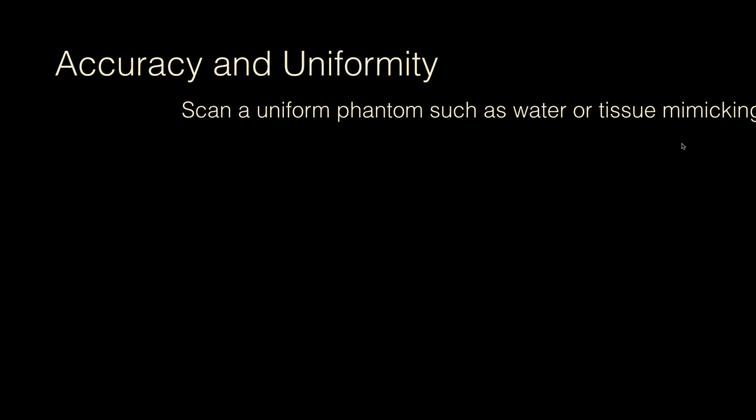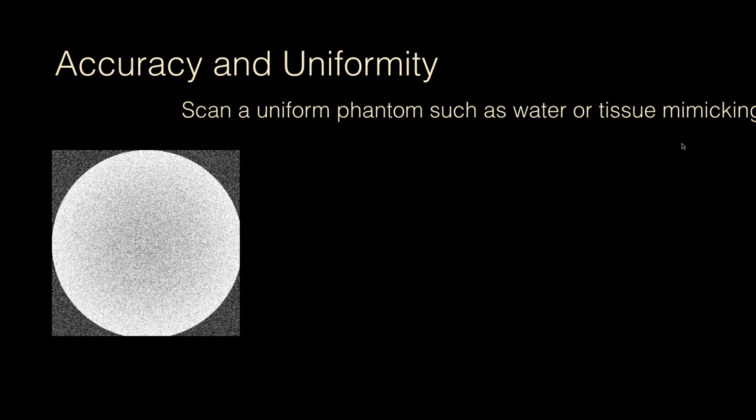Next, we want to talk about accuracy and uniformity. This is often conducted with a uniform phantom such as water or a tissue mimicking gel, for instance in the case of ultrasound. Here you can see one realization of this water phantom on a certain type of system.